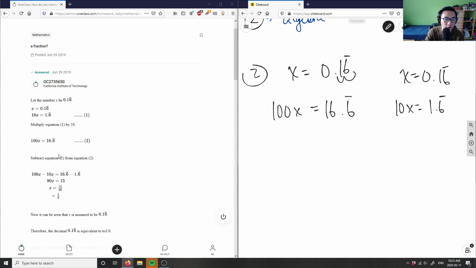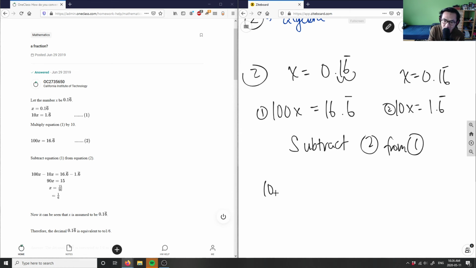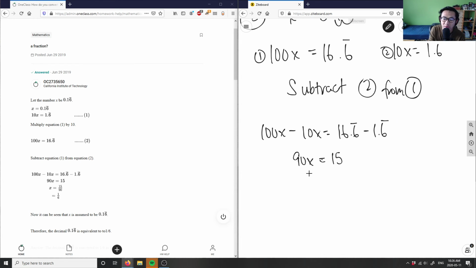We're subtracting equation 1 from equation 2. So I have 100x minus 10x equals 16.6 bar minus 1.6 bar. 100 minus 10 gives me 90x, and 16.6 minus 1.6 gives me simply 15, and the repeating parts cancel out. Then I would simply divide both sides by 90.